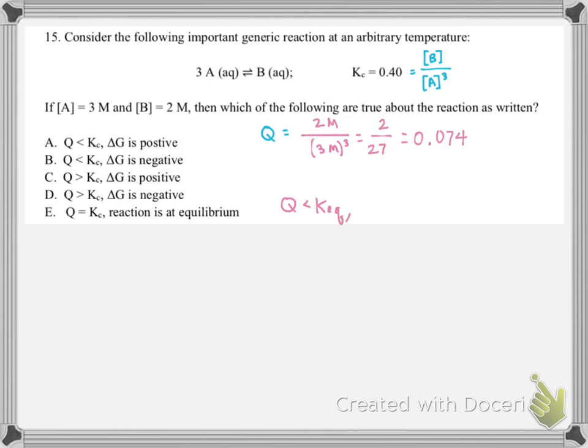And that means our denominator is too big. We have too many reactants. And if we have too many reactants, we must have to proceed in the forward direction to make some products. And so whenever we proceed in the forward direction, that's going to be spontaneous. And that means we'll have a negative delta G. Okay, and so that corresponds to answer choice B.